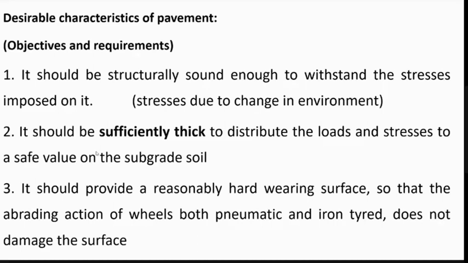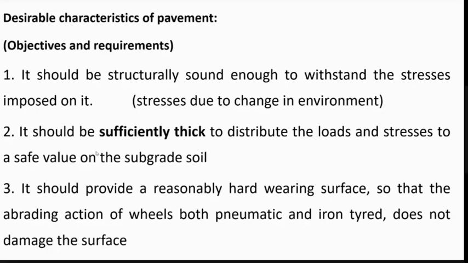Now some of the desirable characteristics of pavement, for which a material can be called a pavement. When a vehicle is running on the pavement, it should not fail. If you take a two-wheeler, four-wheeler or even trucks on a mud road, especially in the rainy season, wherever the wheel moves, that impression will be there.